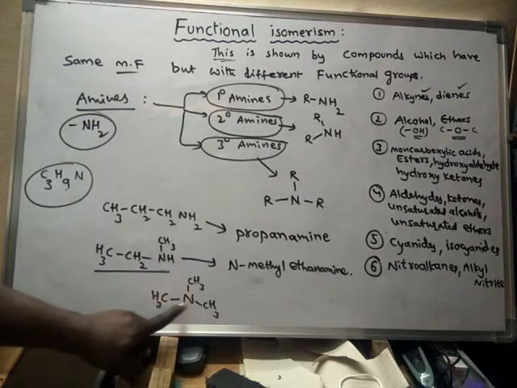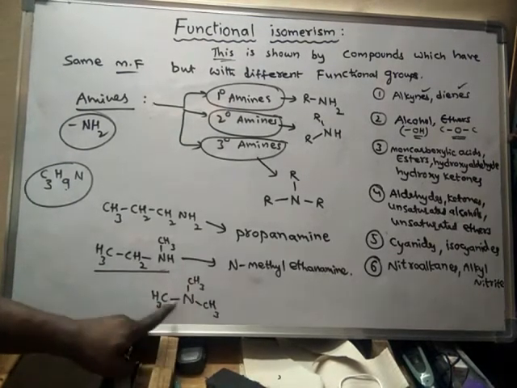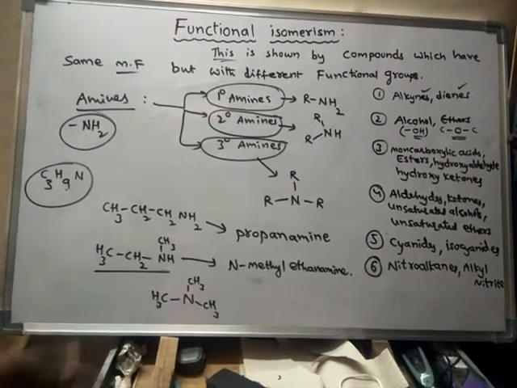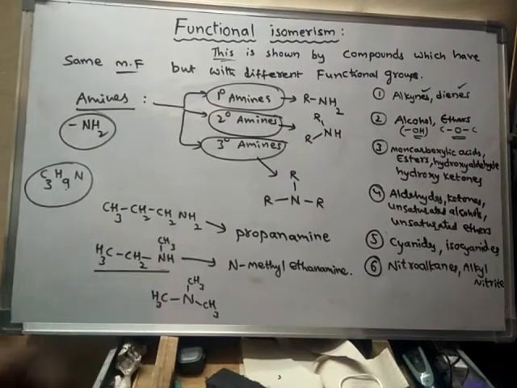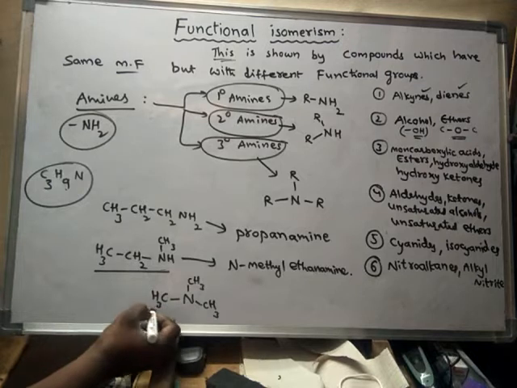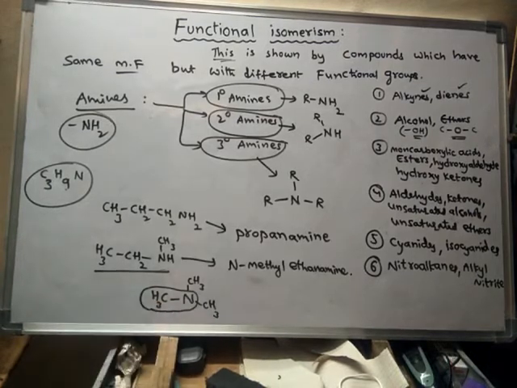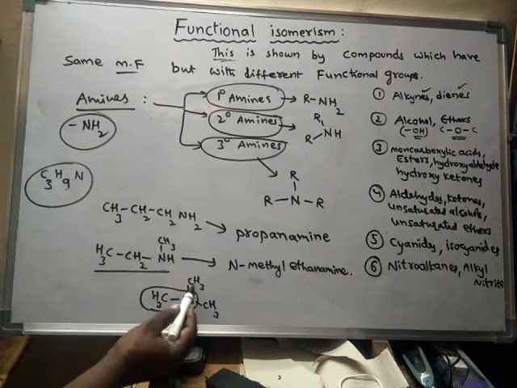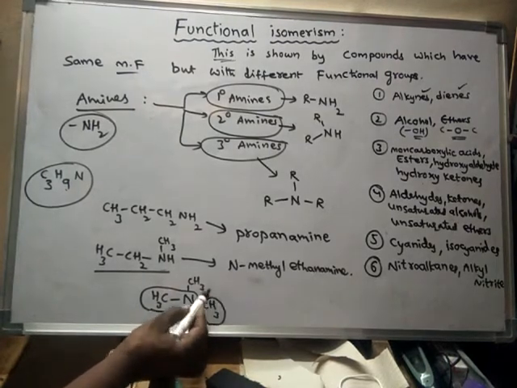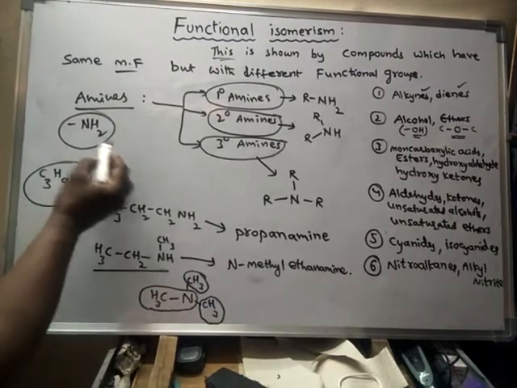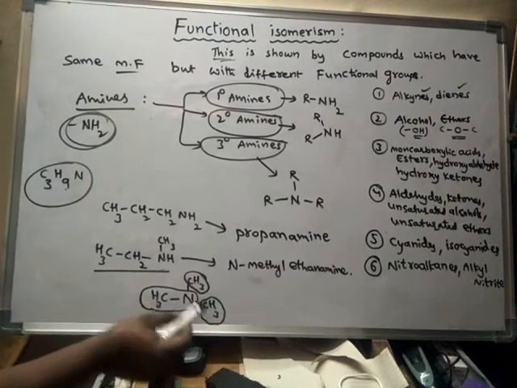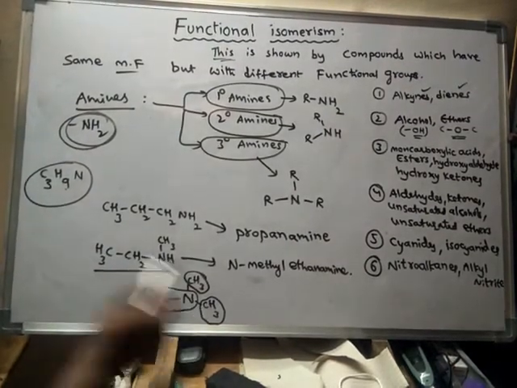This nitrogen is attached to alkyl groups only, which may be of the same type or sometimes of different types. What is the name of this compound? The base compound is methanamine. Because it is an amine, it should be NH2, but here these two hydrogens are replaced by methyl groups.